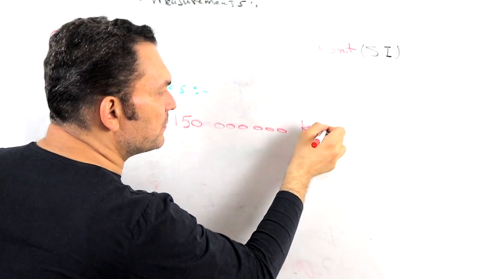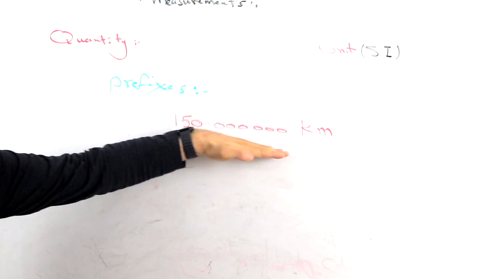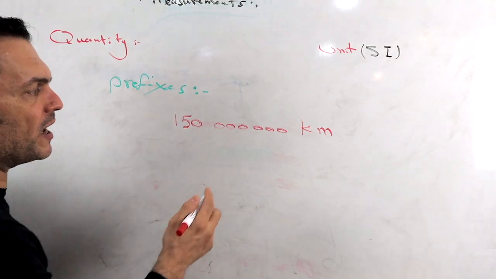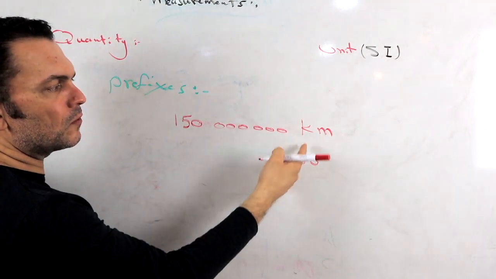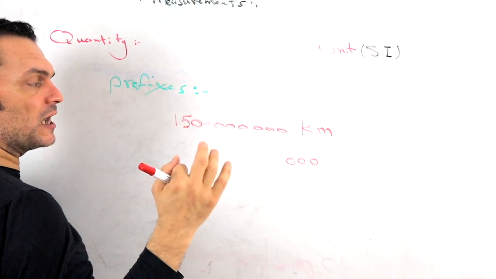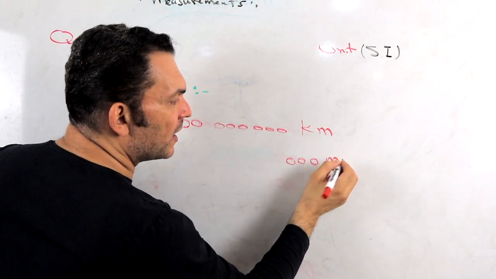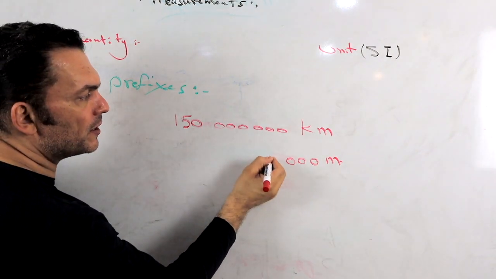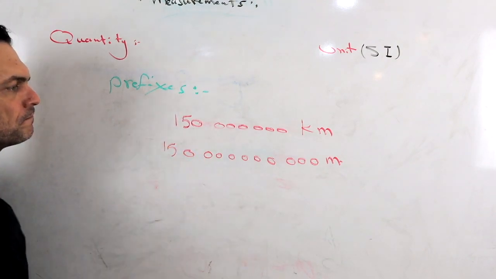Then I'm going to write the measuring unit over there. If I ask you to change this distance from kilometer into meter, it means I need to add 3 more zeros: 1, 2, 3. This is for K, because kilo in prefixes means times 10 power 3. And I still have the same measuring unit, which in SI is meter. Then I still need to copy all these zeros: 1, 2, 3, 4, 5, 6, then 150.